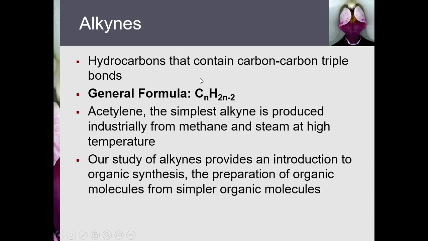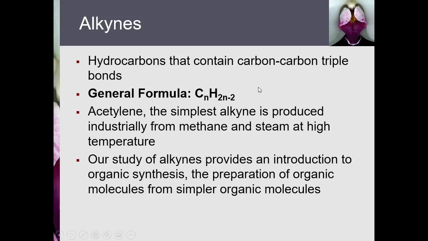So if you use this formula, assuming that there are no other substituents like chlorine, bromine, or other substituents, you will find out the molecular formula of a particular alkyne with n number of carbons.